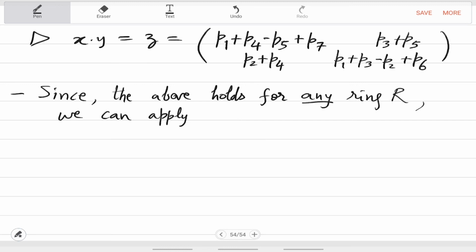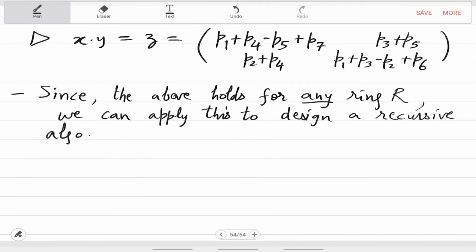So we can apply this to design a recursive algorithm for matrix multiplication.